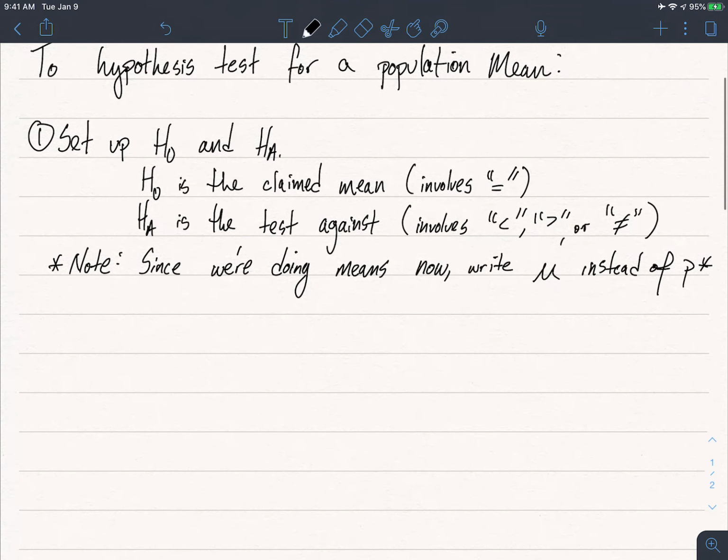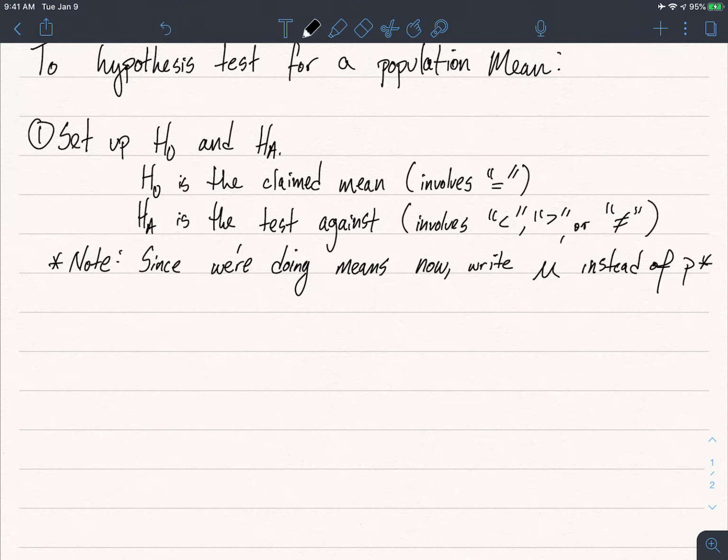Okay. Step 2. So the first step before was to find H0 and HA, and the second step was to gather your statistics, right? And you found your p hat. So second step here, find the sample mean and sample standard deviation.